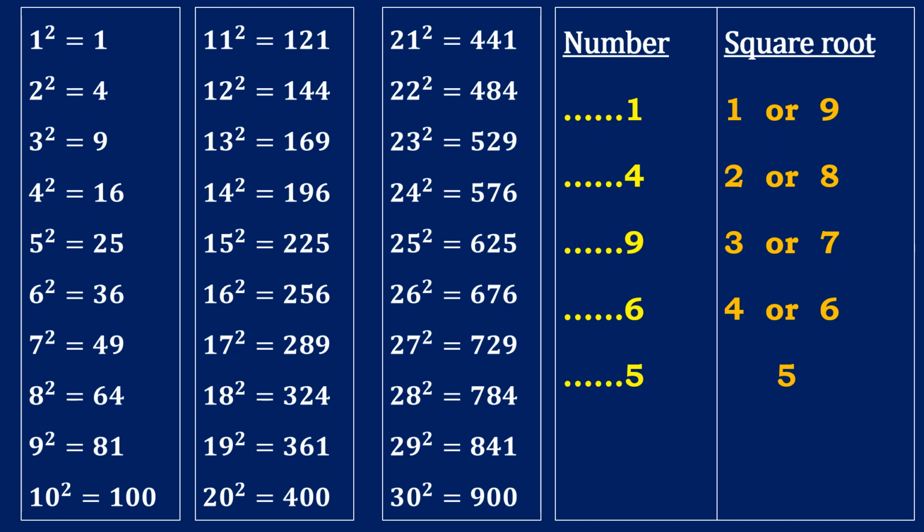Whenever a number ends with 6, the square root ends with either 4 or 6. You see that in the numbers 196, 256, 576, and 676, their square roots end with either 4 or 6. Whenever a number ends with 5, the square root also ends with 5.